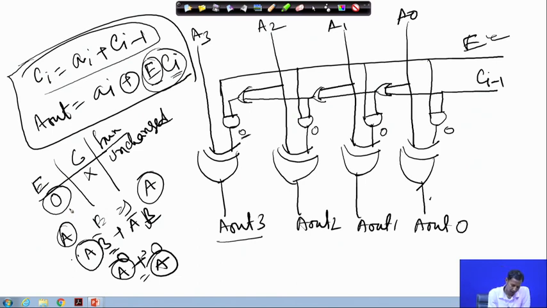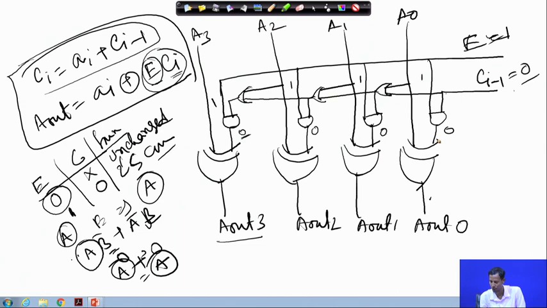So, next is that whenever it is 2's complement, right. Whenever E equals 1, that means this bit is 1 and Ci equals 0. So, at that time what happens? 0 means here this bit is 0.